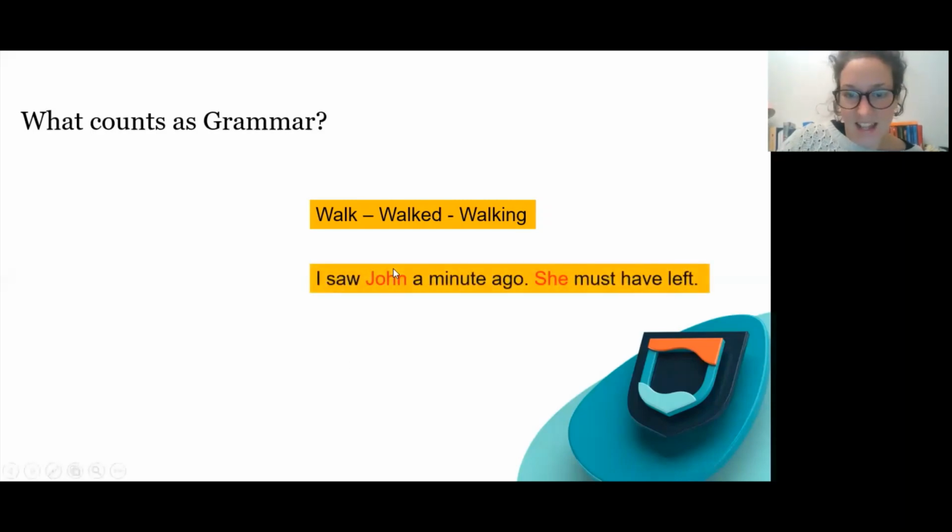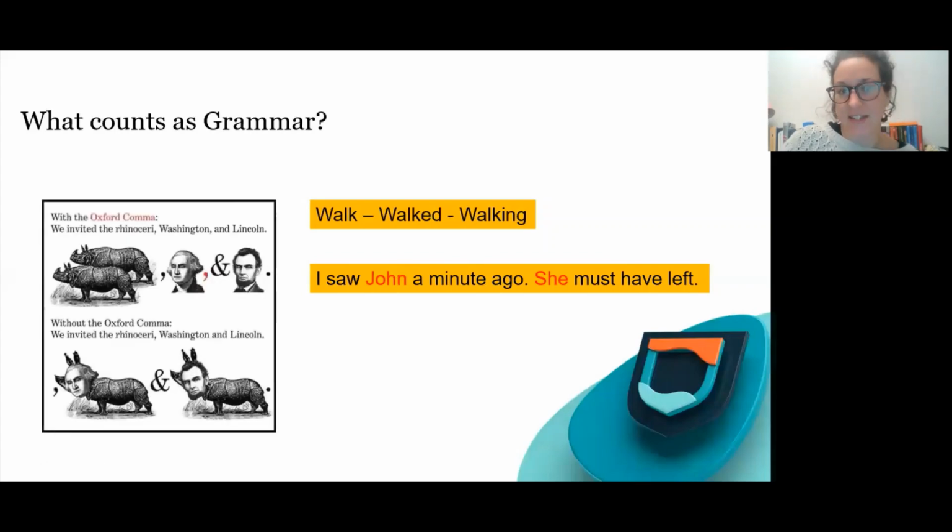Now, is this grammar? And is this grammar? Yes. All these bits somehow are connected to the word grammar, to the notion of grammar. But what's the difference between them? They're not just one and the same grammar.